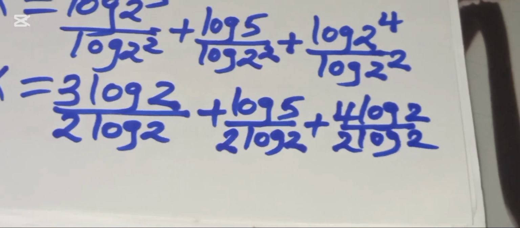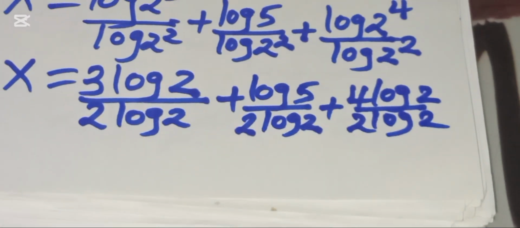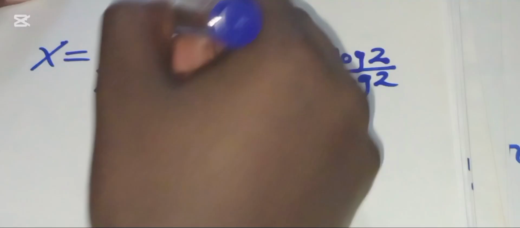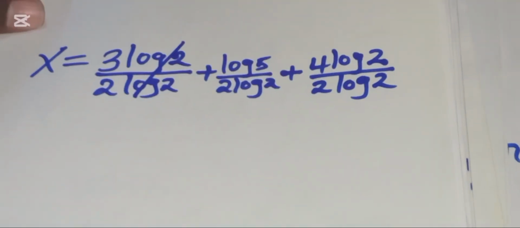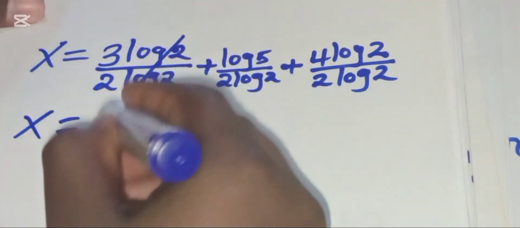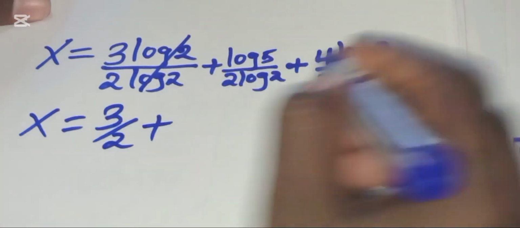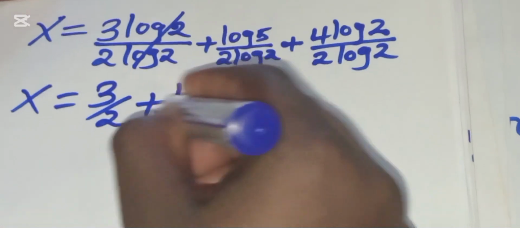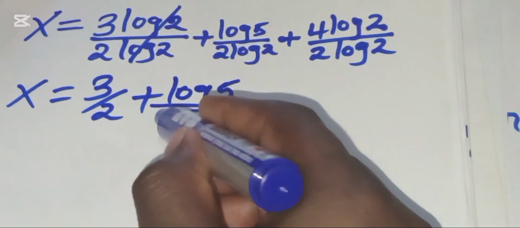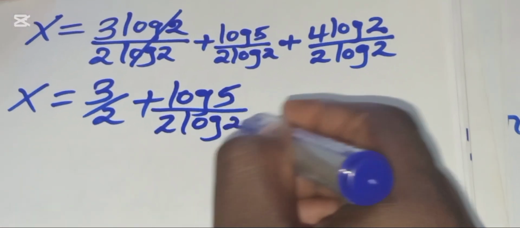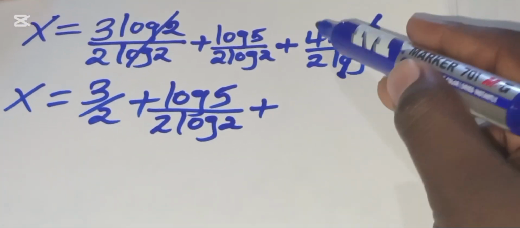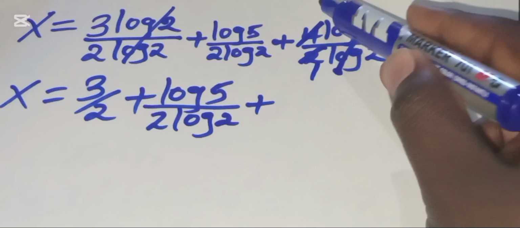Now let's simplify what we have here. Log 2 and log 2 simplify, so x is equal to 3 over 2, plus log 5 divided by 2 log 2, and then here log 2 and log 2 simplify, and 4 over 2 gives 2.